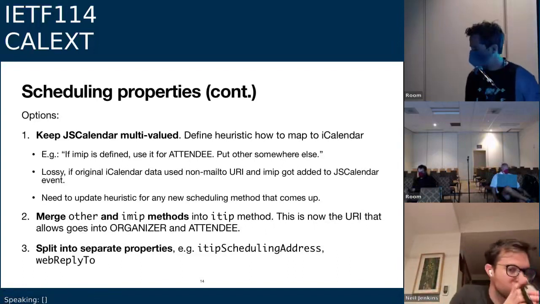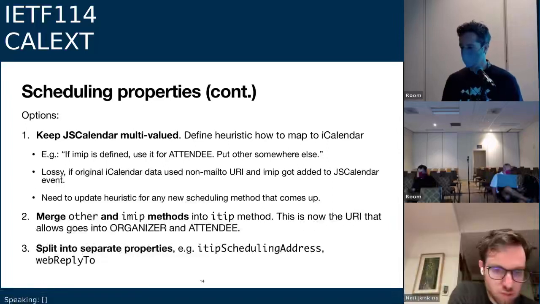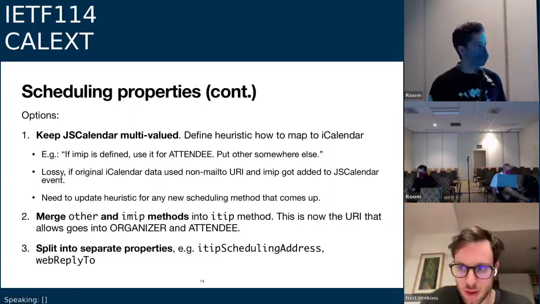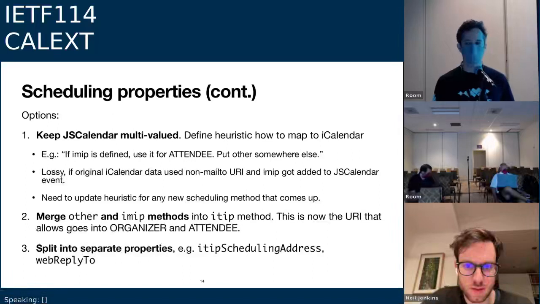I would like to clarify. Well, I would like to first state one point, and then I would ask for clarification. The point I want to make is, given the charter and also all practical purposes, I think it's necessary that scheduling with JS Calendar and iCalendar should be seamless.